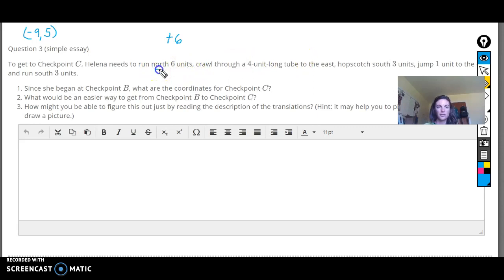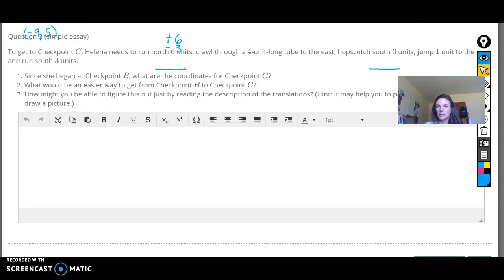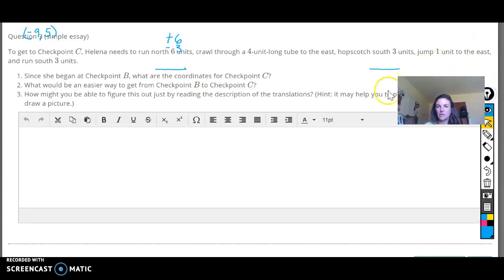Let's just look at north and south to start out with. So +6. The tube is to the east, so we're going to skip that. Hopscotch south 3 units, so -3. Jump 1 unit to the east, so we're going to ignore that for a bit.